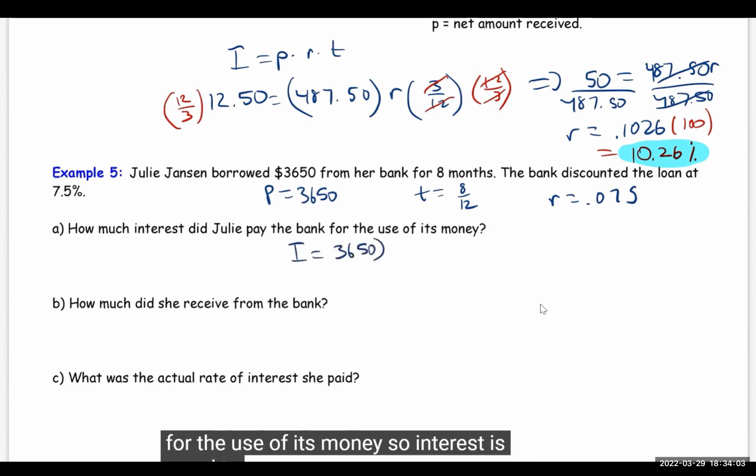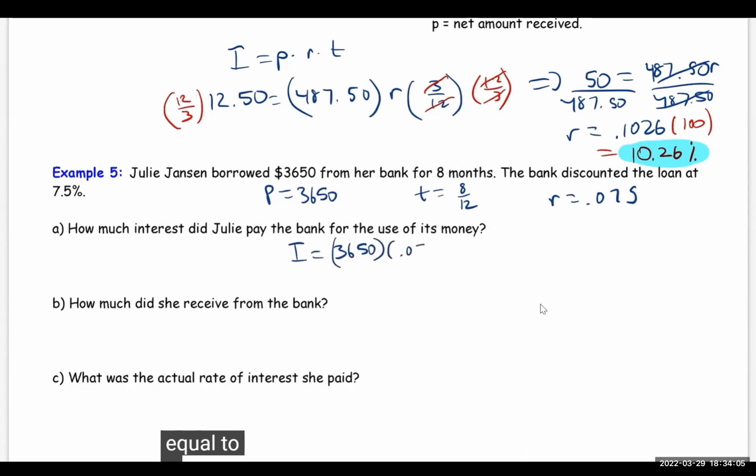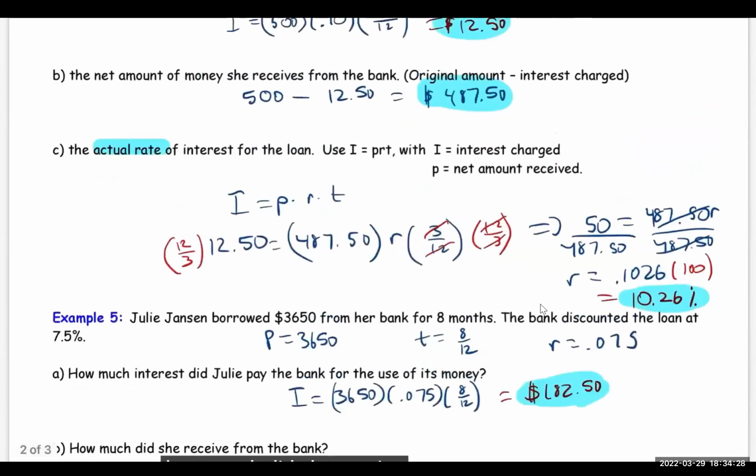So interest is equal to P R T. All right, so calculator time gives us $182.50. How much did she receive from the bank?